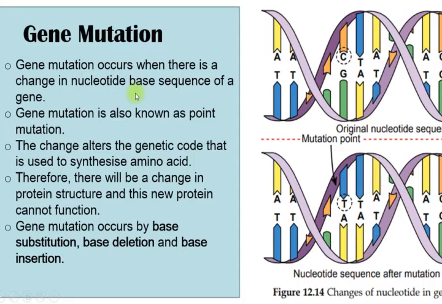So gene mutation is also known as point mutation. The change alters the genetic code that is used to synthesize amino acid. Therefore, there will be a change in protein structure, and this new protein cannot function.